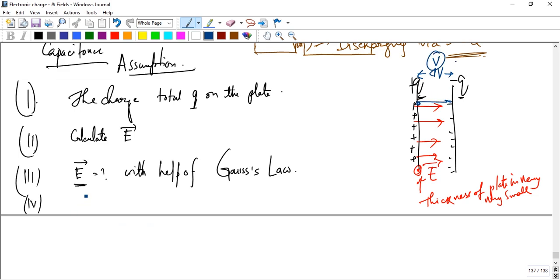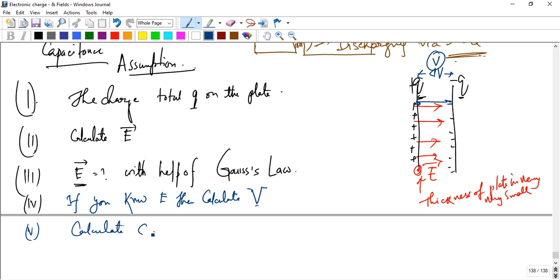If you know E, then calculate V, the potential difference between two plates. And finally, the last step is to calculate C. Very easy concept.